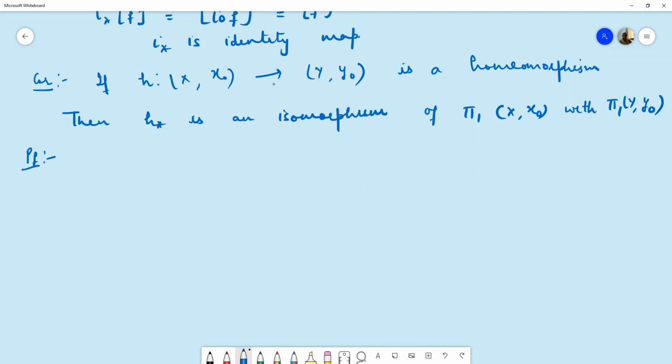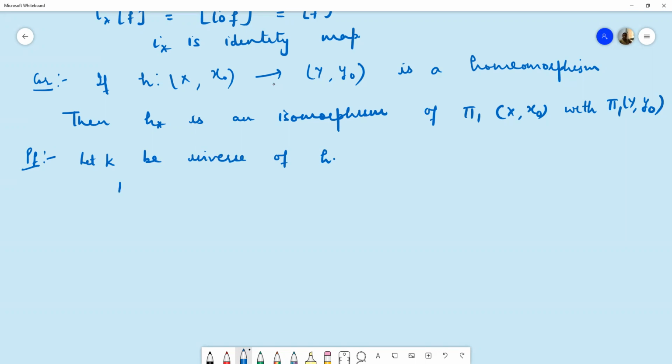So in this case, we are taking H to be a homeomorphism. It means H is a bicontinuous bijective map. So we can take K to be the inverse of H. So let K be the inverse of H. And if it is the inverse of H, then it is basically a mapping from (Y, y₀) to (X, x₀).